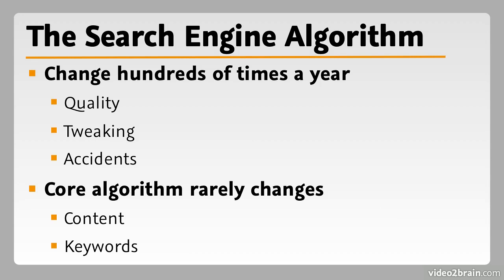Now, the core algorithm doesn't change a whole lot. I've been doing a lot of the same techniques since about the mid-90s, and I still have sites that I haven't even touched for years that are still ranking well, because the core algorithm for your on-page rankings is still basically the same: content and keywords.